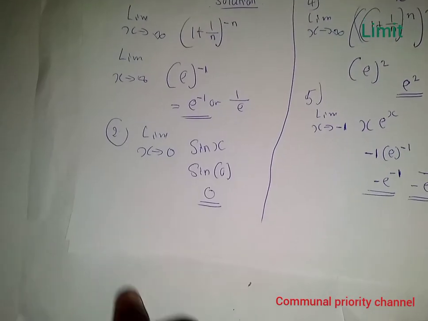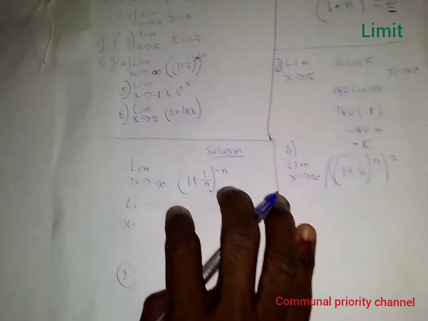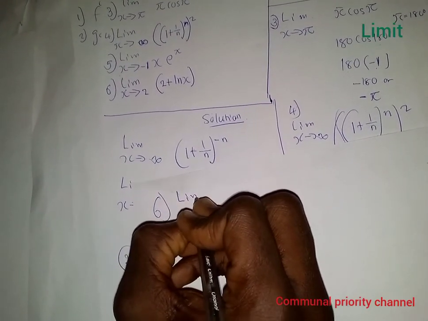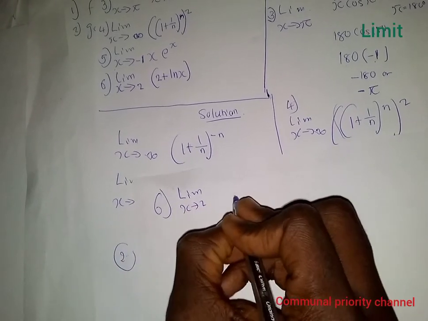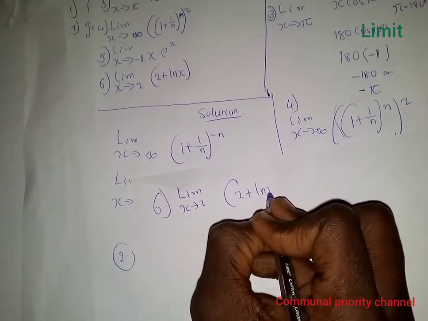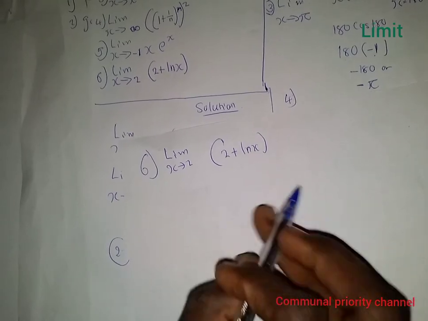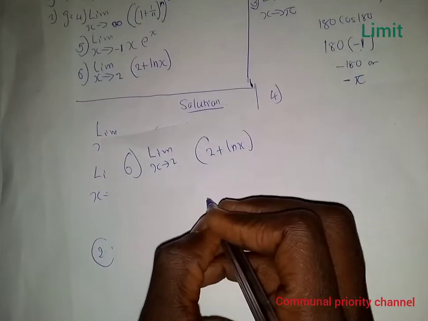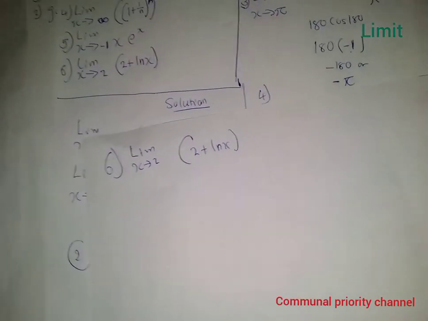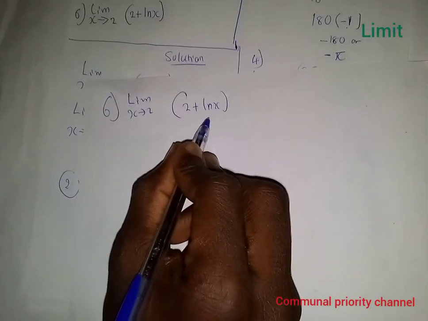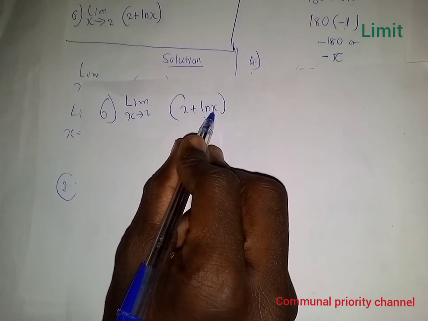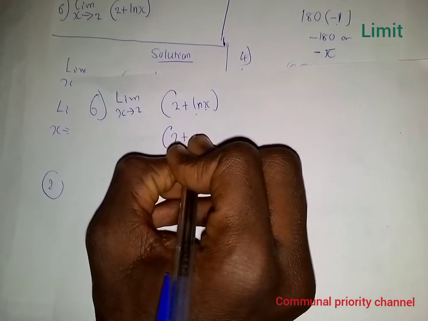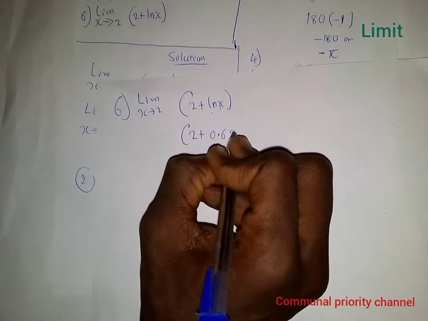So now we are moving to question number 6. In question number 6, we say find the limit as x approaches 2 of open bracket 2 plus ln x close bracket. So natural log of x we knew is 0.69. So therefore we'll substitute the value of natural log of x. Since we know the natural log of x is 0.69, our value now will be 2 plus 0.69 close bracket.